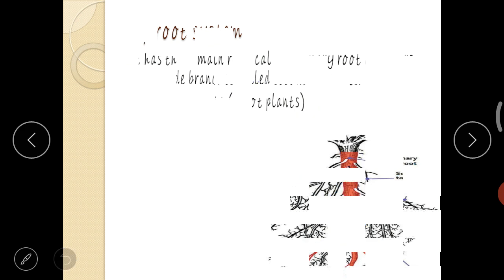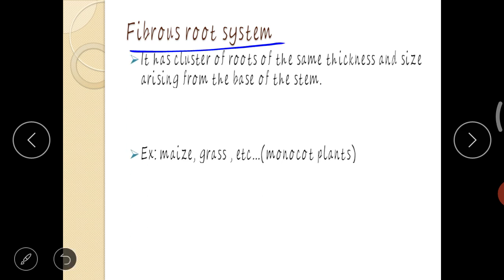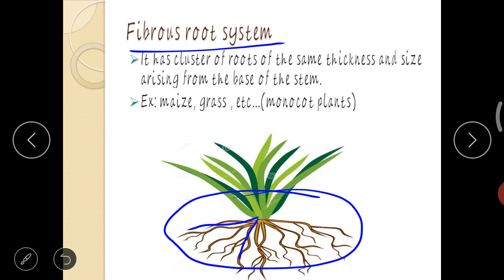Next we'll see the second type of root system, that is the fibrous root system. In this picture you can see a cluster of roots arising from the base of the stem. They have the same size and same thickness.